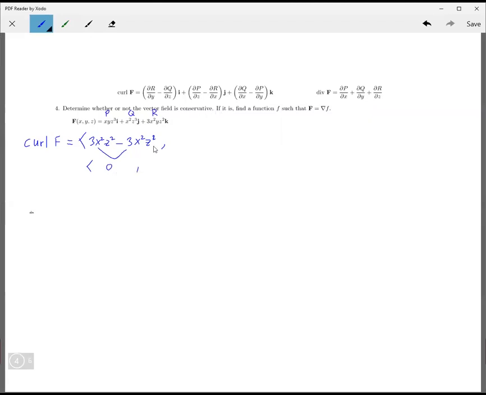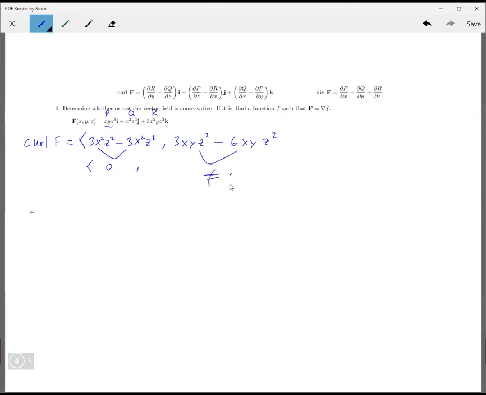Throw it out. Okay, so the next one is dP/dz. What's dP/dz? 3z squared xy. Yes, xyz squared. And then dR/dx, which is 6xyz squared. No, it's not 0.